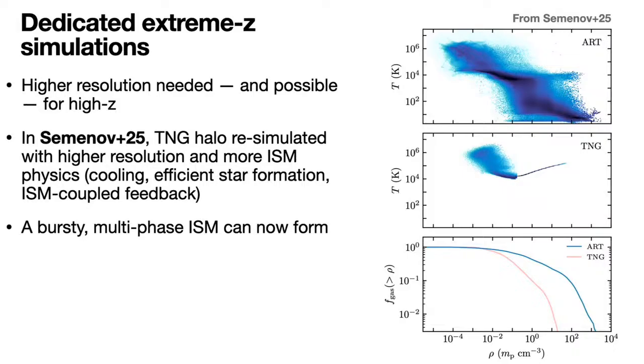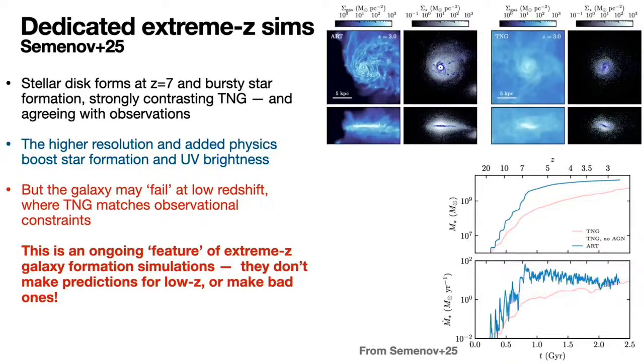Like Vadim Semenov did in this work here, where he takes a galaxy's initial conditions from the TNG and applies much higher resolution and improved subgrid models that adapt to the higher resolution that he can afford in those simulations, forming a multi-phase ISM. And as a result, the galaxy that he simulates looks completely different to its equivalent galaxy, starting from the same initial conditions in the TNG simulation, which is kind of natural.